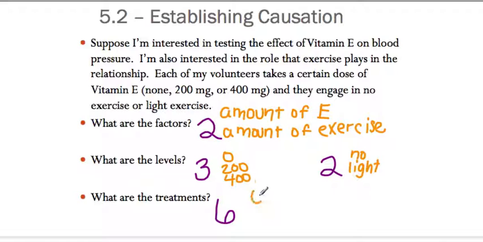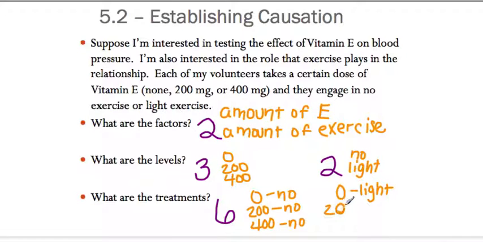So they are no vitamin E, no exercise; 200 milligrams of vitamin E, no exercise; 400 milligrams of vitamin E, no exercise; and then 0 milligrams of vitamin E, light exercise; 200 milligrams of vitamin E, light exercise; and 400 milligrams of vitamin E, light exercise.